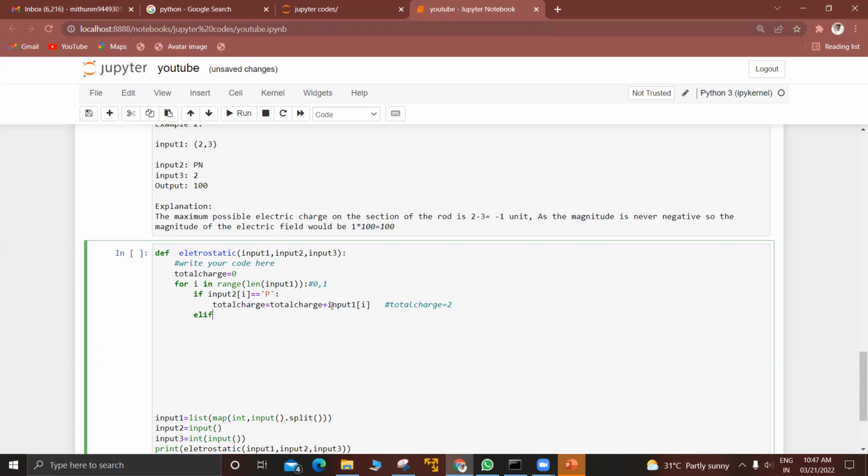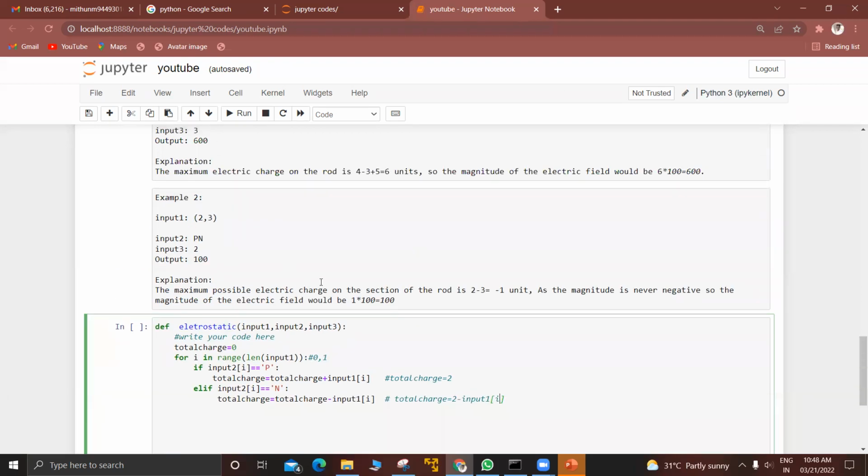Else if input 2 of i is equal to N, then it should subtract input 1 of i from the total charge, that means minus 3. Initially total charge is 2, then minus input 1 of i, the integer array is in input 1.